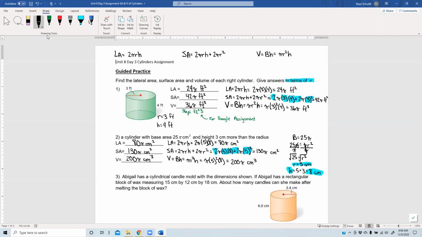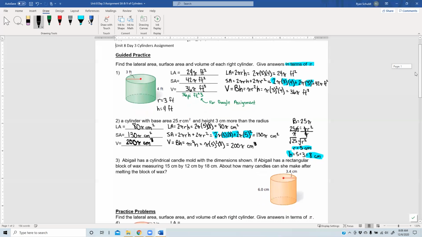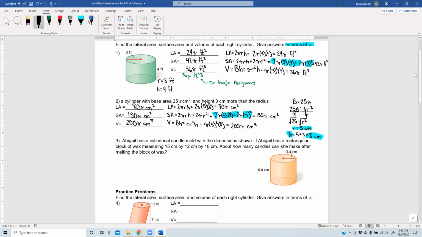Okay, so let's see here. We've got to find two things. First, we've got to figure out how much wax she has. How many cubic centimeters of wax does she have? So we need to find the volume of our block. So 15 times 12 times 18.